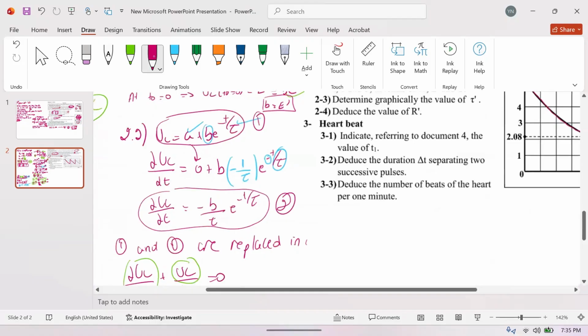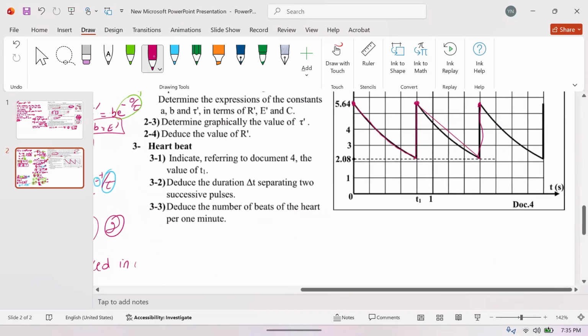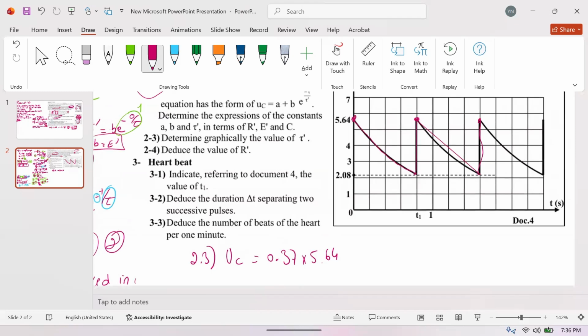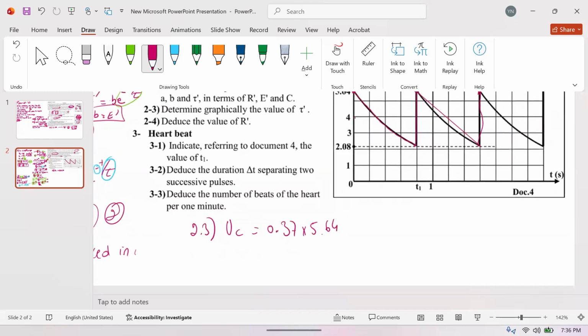So to find tau graphically, as we said, UC should be equal to 37% of the maximum value E prime, which is 5.64. How did I suppose that? Because the maximum value we're starting with is 5.64.